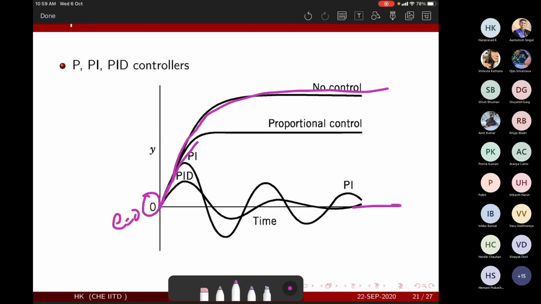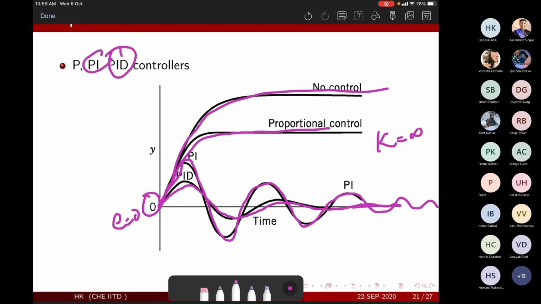If you use only proportional, as we have seen, there may be a bias, and only as Kc tends to infinity will this offset be removed. If it is PI, you would see more oscillation, but no offset. But if it is PID, it would be much milder, and eventually more manageable. So it is always better to have PID, then PI, then P. That is your order of preference.